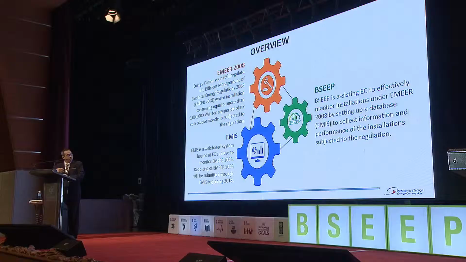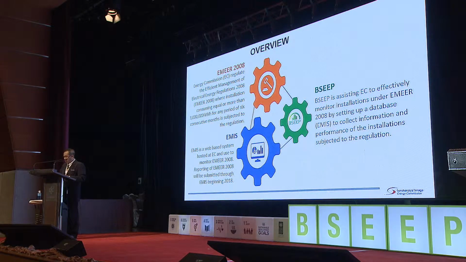So how is our involvement with this EMIS and BSEEP? EMER, as I mentioned just now, is a regulation. Industries that use more than 3 million kilowatt hours of electricity in 6 consecutive months are subject to this regulation. EMIS is a web-based system hosted in the EC, and it can be communicated online.